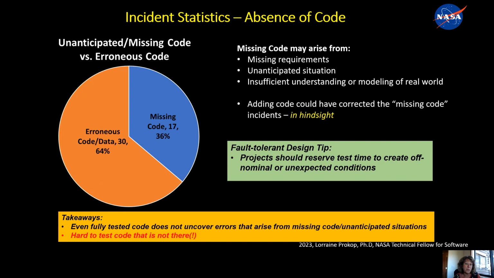Absence of code. These are the things that, if you could have added code in hindsight, could it have prevented this mishap? And in 36% of those cases, the answer was yes. That's interesting in that if you only test the code that's there, you're missing this 36%, and this includes missing requirements or unanticipated things.